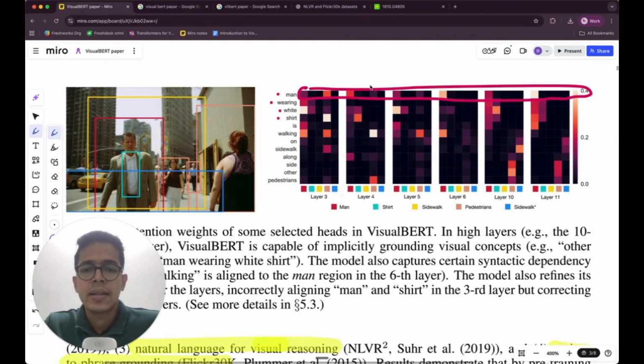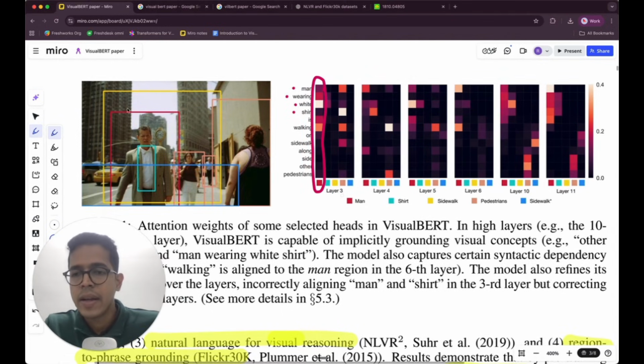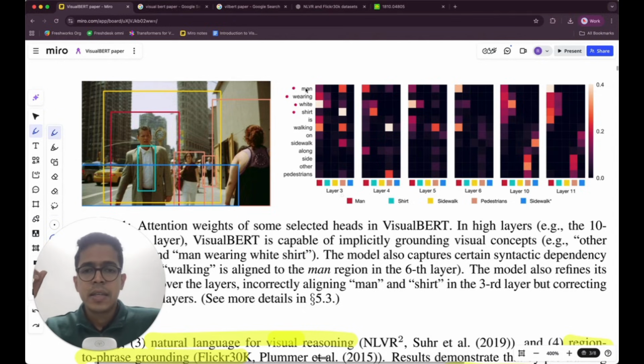This is for layer 3, this is for layer 4, layer 5, and so on. Similarly, this entire column represents the red color bounding rectangle. The red color bounding rectangle is this bounding rectangle. And what is that bounding rectangle's label? Its label is man. Now, what we want to see is, ideally, the correlation between the word man and the red color bounding rectangle should be highest.